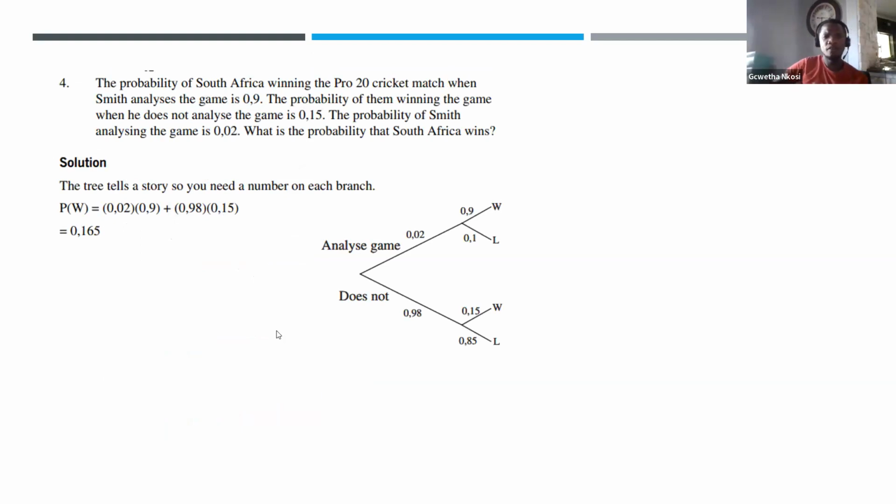The probability of South Africa winning the Pro 20 cricket match when Smith analyzes the game is 0.9.